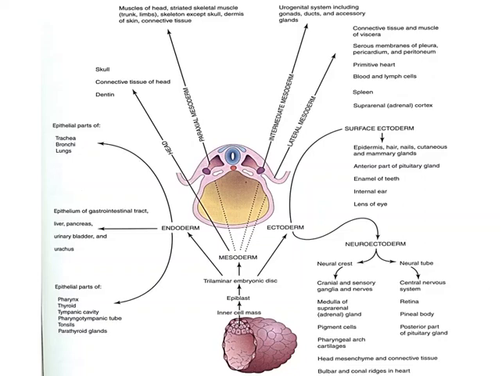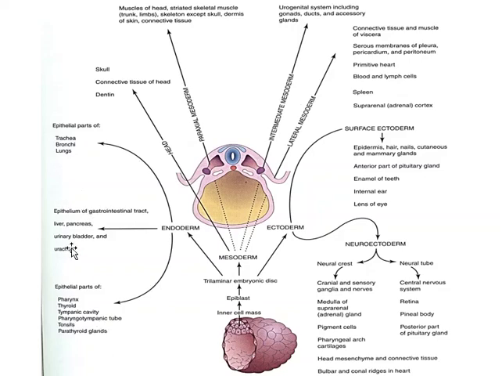The neural crest cells give rise to cranial and accessory ganglion nerves, medulla of the suprarenal gland or adrenal gland, pigment cells or melanocytes, pharyngeal arch cartilage, head mesenchyme and connective tissue, bulbar and conal ridge of the heart.